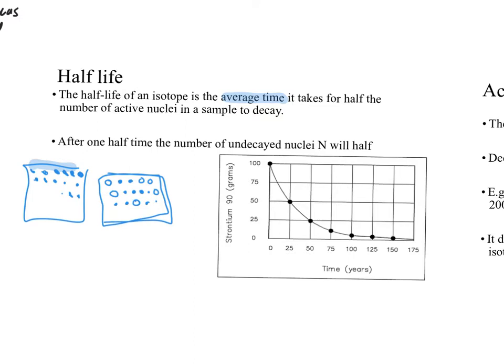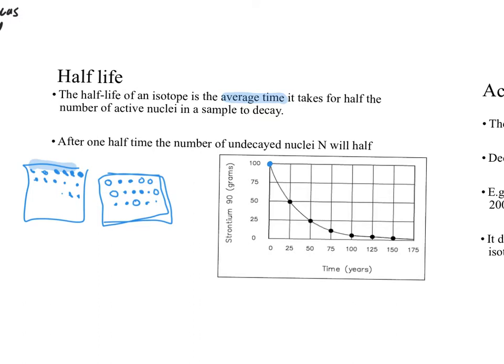So this is a graph that we usually see. You can clearly see it's an exponential decay. We start with about 100 grams of strontium-90, which is radioactive. So let's say all of the atoms inside the 100 grams of strontium-90 are radioactive.